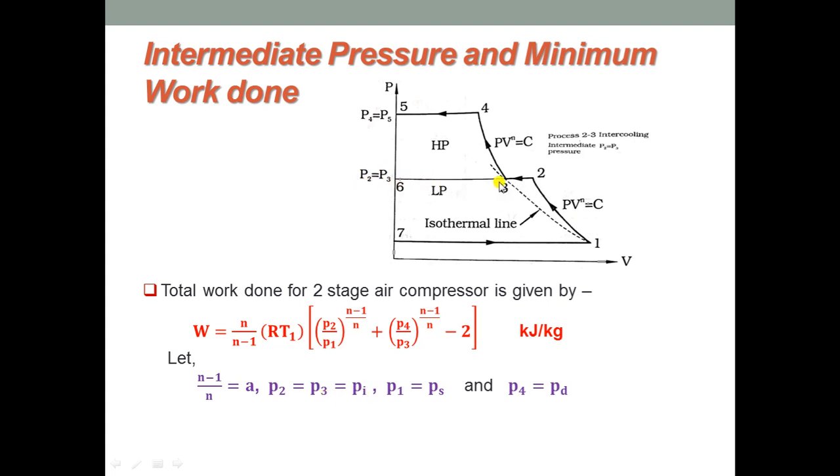P2 is equal to P3, which is the intermediate pressure, taken as Pi, and P1 is the suction pressure Ps, and P4 is the delivery pressure Pd. So we are going to replace the pressure terms P2, P1, P4, P3 with these conditions, as well as n by n minus 1 with 1 over A. So we will get this expression.